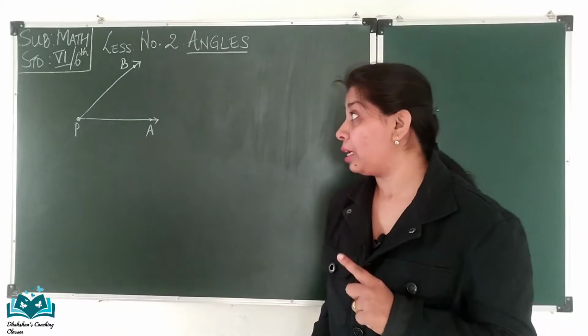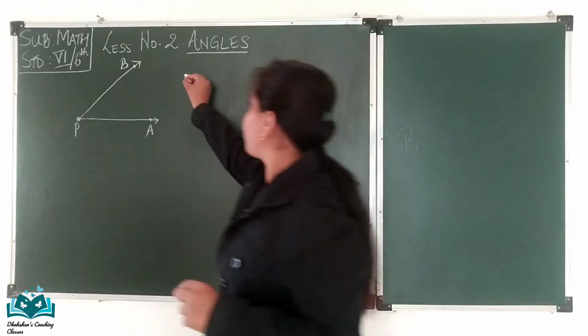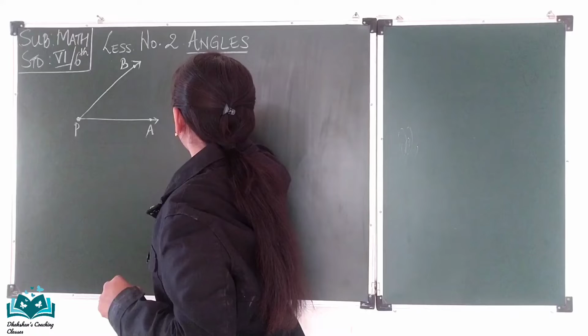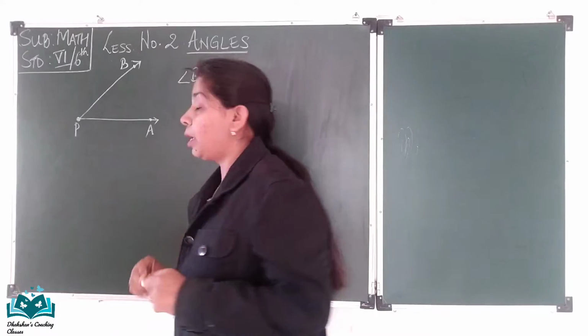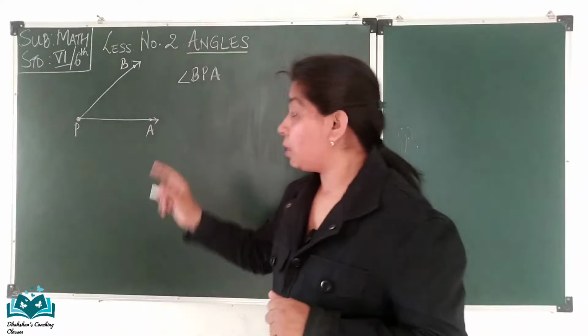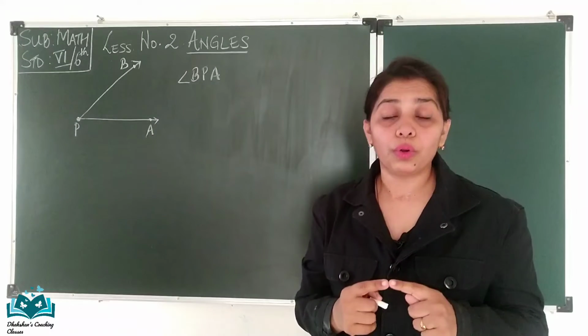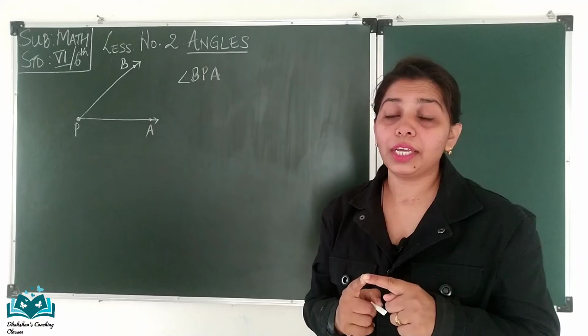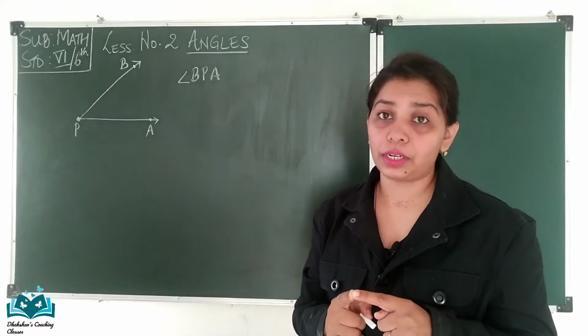We will read this angle as angle BPA. P is the origin from where these two lines originate in different directions.